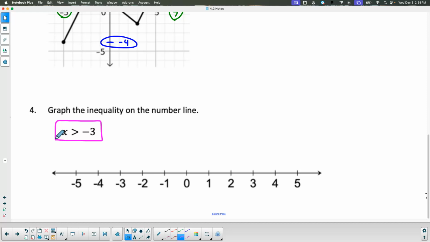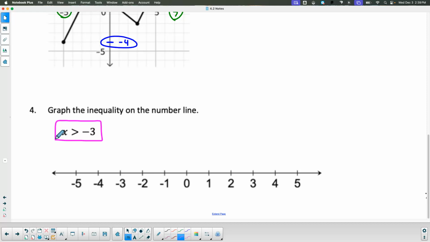What does that mean? What do we want? Bingo, we want all the numbers bigger than -3, right? Okay, that's what that's saying. All the numbers bigger. Remember, the alligator likes to eat the bigger number, okay? So the bigger number is x, so we want all the numbers bigger than -3, okay?